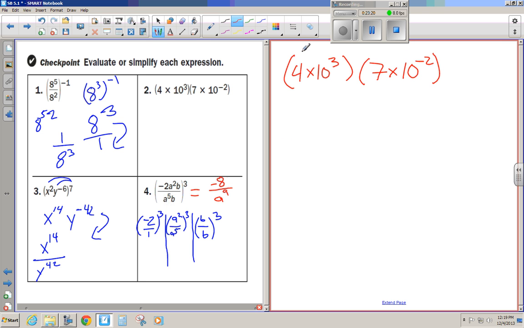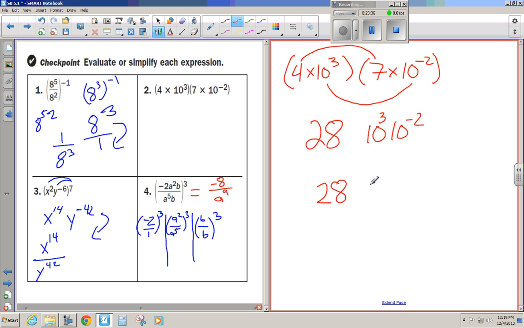Instead, look at the pieces that are in common. 4 times 7. 10 cubed and 10 to the negative 2. When you have similar bases, you add the exponents. You get 28 times 10, which is 280.